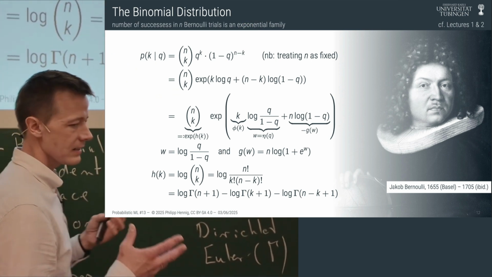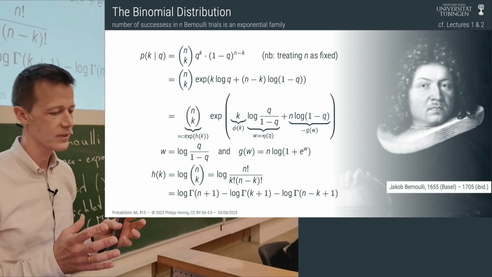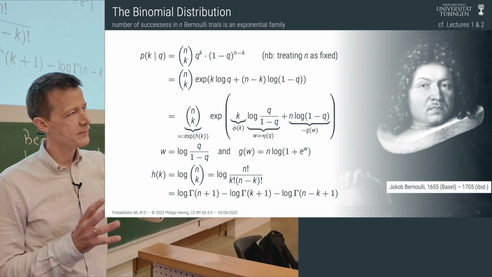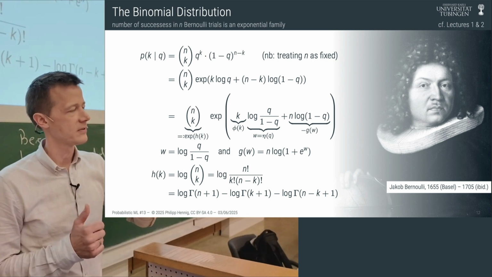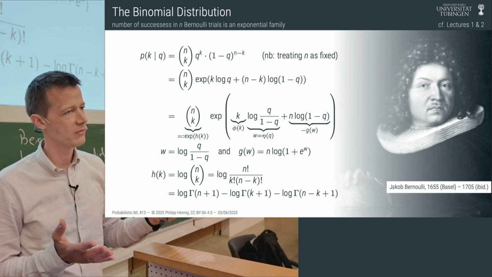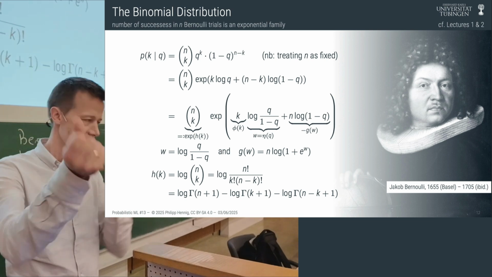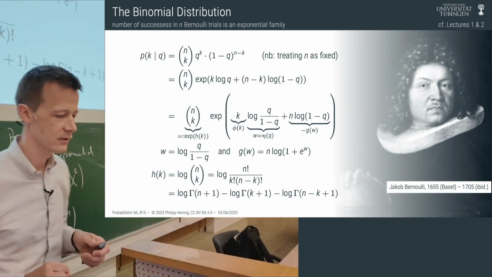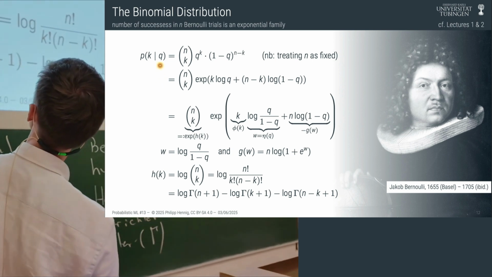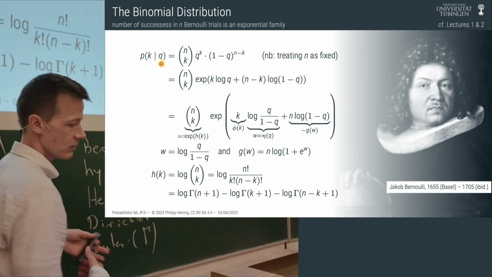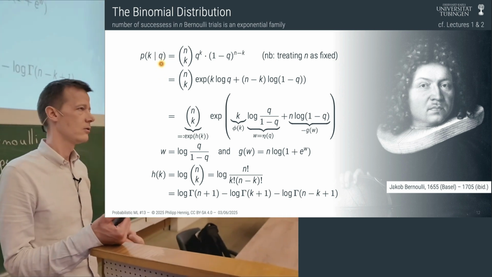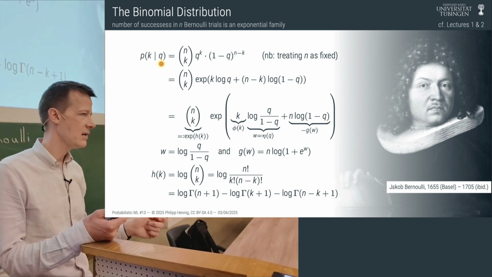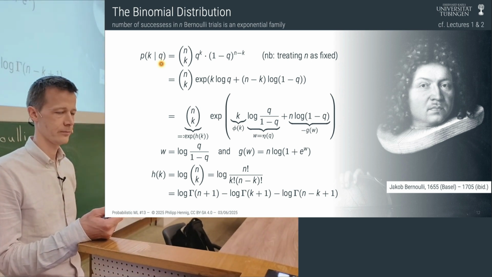And maybe what this slide is supposed to highlight also is that sometimes this exponential family structure is not immediately obvious in the way that these distributions tend to be written on Wikipedia. And you have to mentally rearrange things a bit to discover that they actually are exponential families. So here is the distribution the way you've encountered it before. We're talking about the probability to observe k successes when performing n Bernoulli experiments.